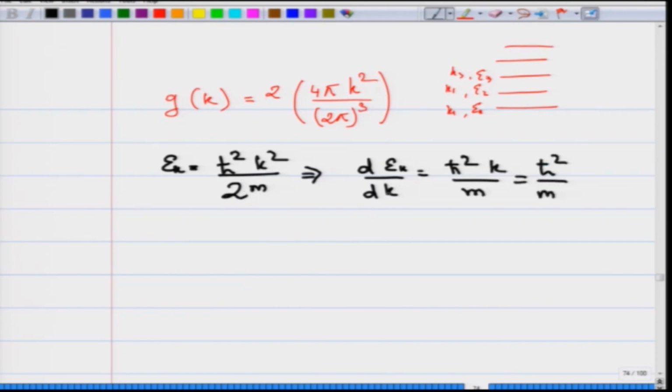So, therefore, dE by dk, and this is k, I can rewrite again in terms of 2m Ek by h cross square.